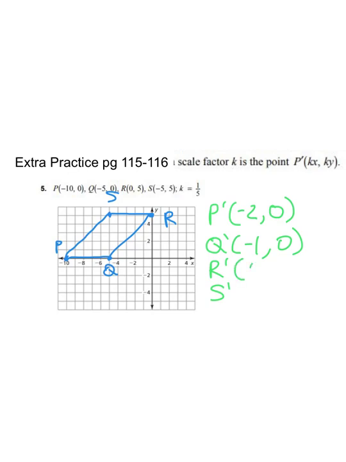R, you're going to get 0, +1, and then for S, we'll get -1, +1. And here's what it should look like when you're done. So again, K was less than 1, so that means our image is a reduction.